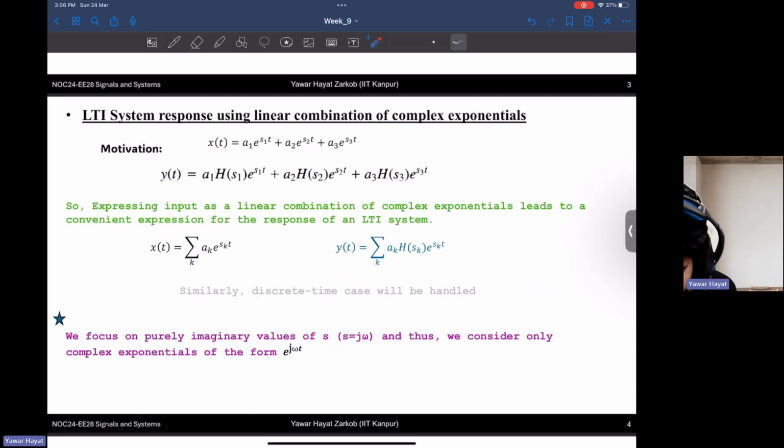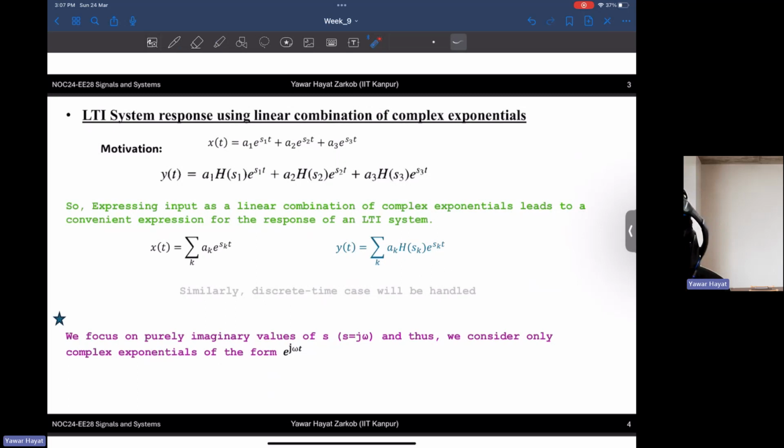Similarly, our discrete time case will be handled. Now, although in general the variables s and z may be arbitrary complex numbers, the Fourier analysis involves restricting our attention to particular forms for these variables, and will focus on purely imaginary values of s.